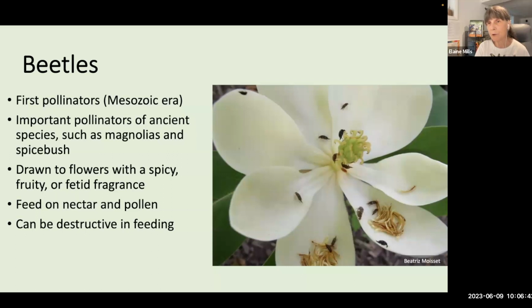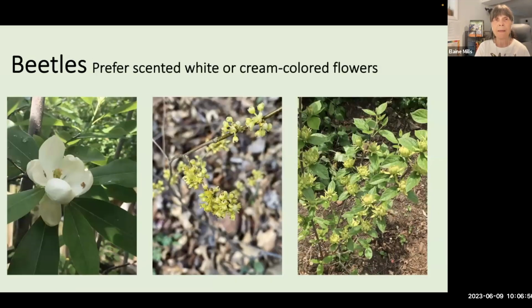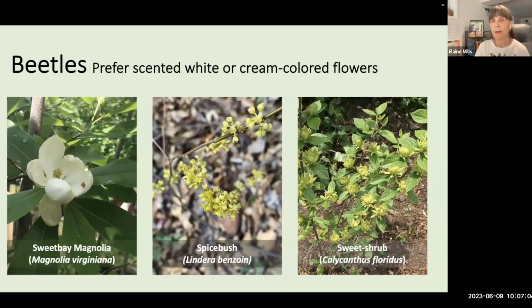As you can see, they've chewed apart some of the flowers there. They are not quite as efficient as pollinators because they tend to stay in one flower for a long time, but they can be beneficial in our gardens, additionally, as predators of aphids. Beetles tend to prefer white or cream-colored flowers, the magnolia and spicebush that I've already mentioned, as well as sweet shrub.